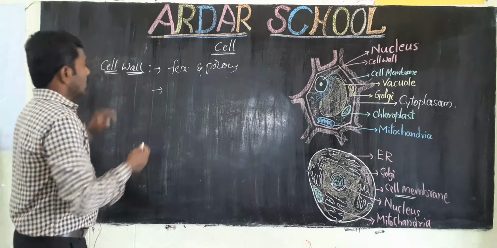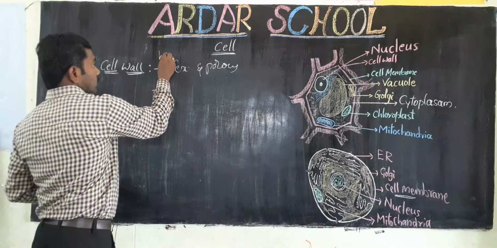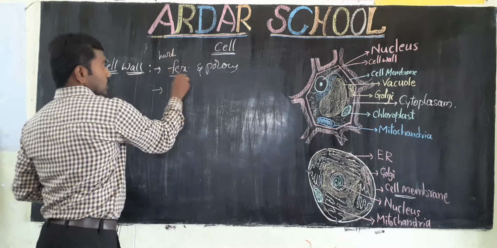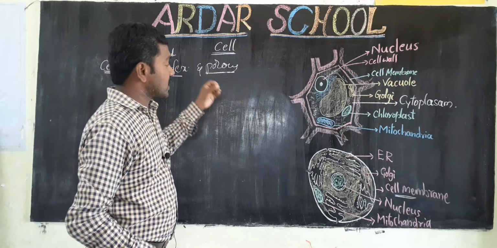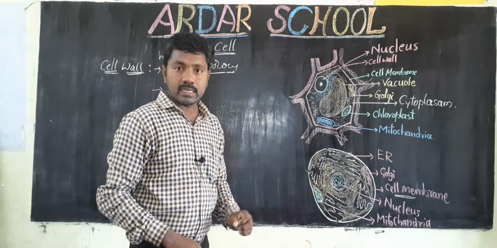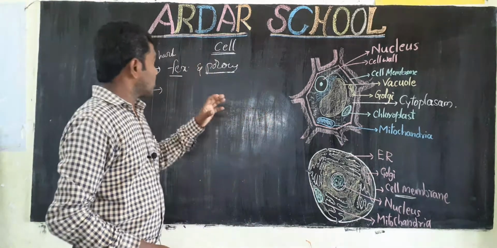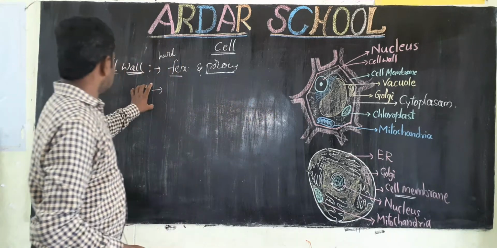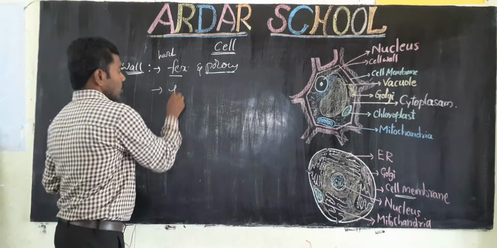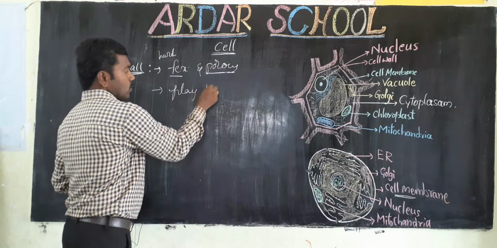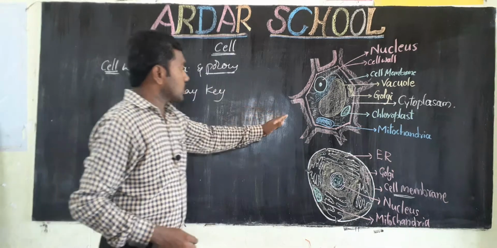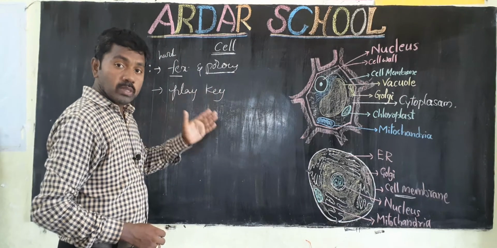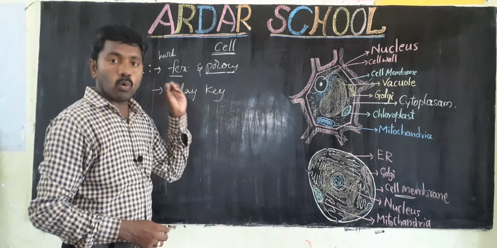Here the cell wall is hard or tough, flexible and a porous layer. It can give the definite shape to the cell. Next, the cell wall plays a key role in transferring messages from one cell to another during growth and development.